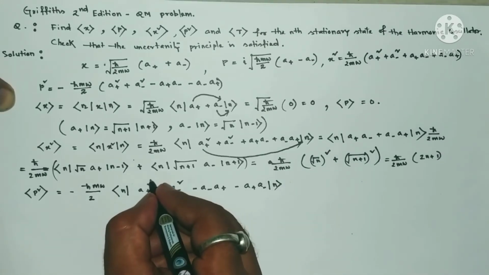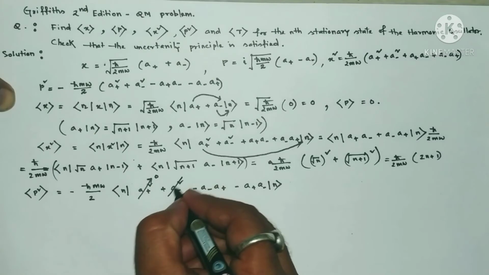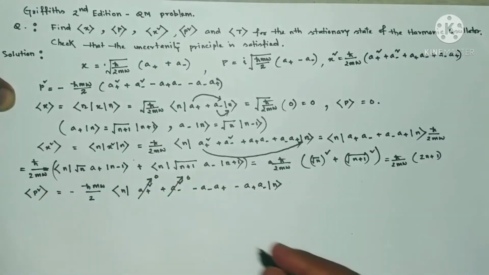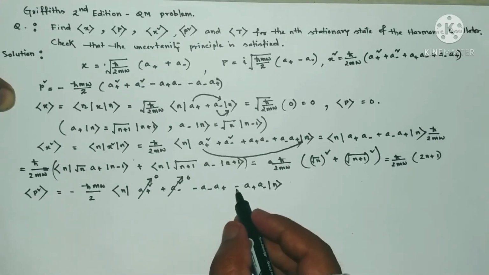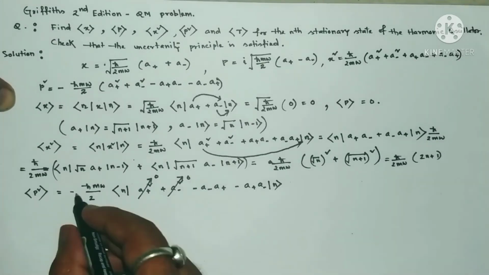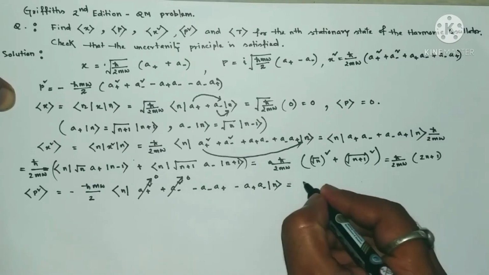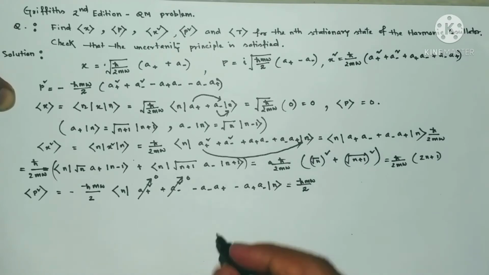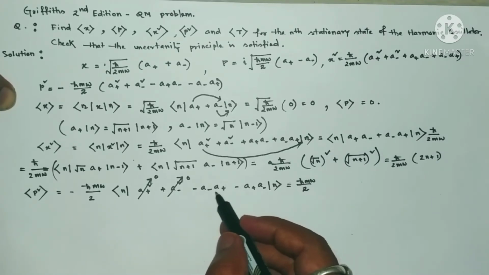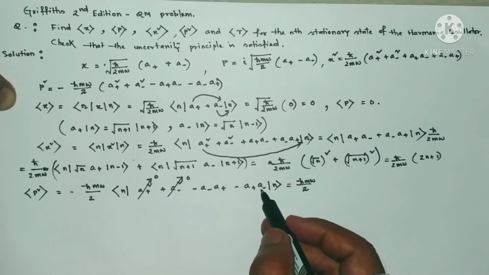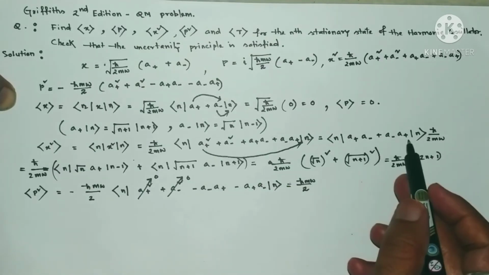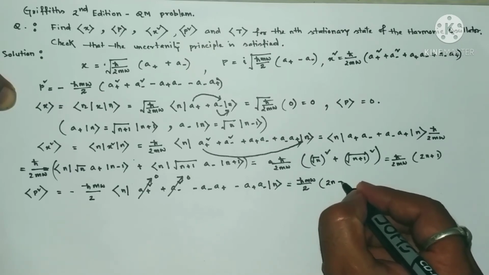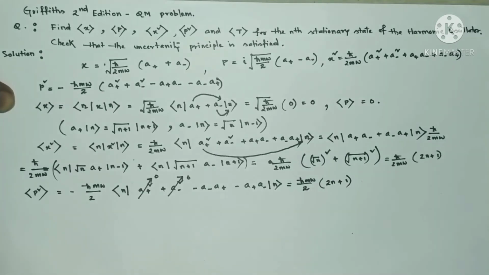Similarly, for these two we will be getting 0, as we got 0 in the x square expectation. So here is minus and this is also minus, so this minus and this minus will cancel out and we will be left with h cross m omega by 2, right? Now similarly, a minus a plus and a plus a minus: here we are having the same thing, so we will be getting here also 2n plus 1, right?